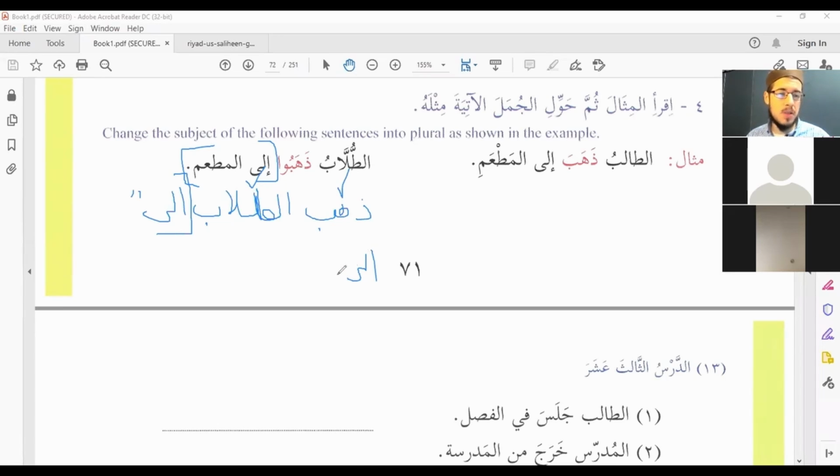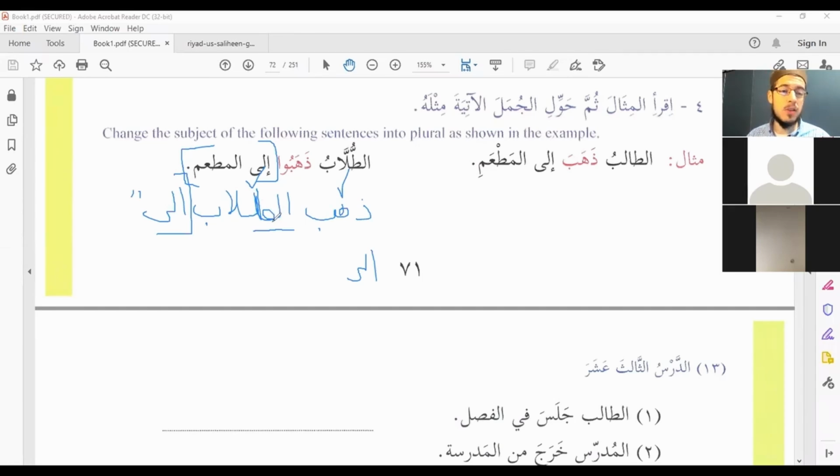Somebody comes and says ذهب الطلاب إلى السوق. Oh no, the students have left class and they went to the souk. No, that's not right. إلى المطعم ذهب الطلاب. No, they didn't leave the school. They went to the cafeteria. And you said ذهبت? No, I clipped off because I have to bridge it into the tha. A good catch.